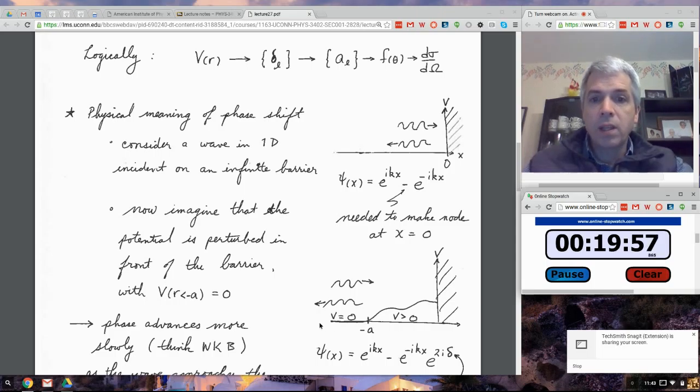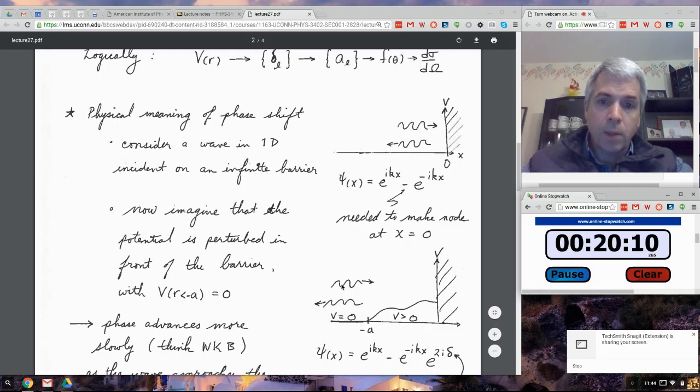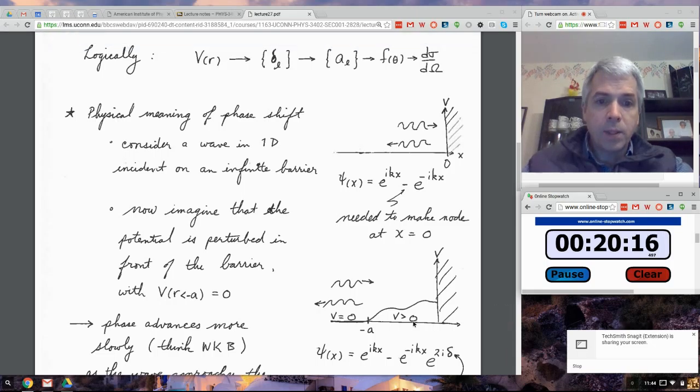Let's solve the same problem. The incoming waves, at least if we consider them over here, have exactly the same form. They are pure e to the ikx. They propagate in without disturbance until they reach this point where the potential begins to become non-zero. What happens at that point?